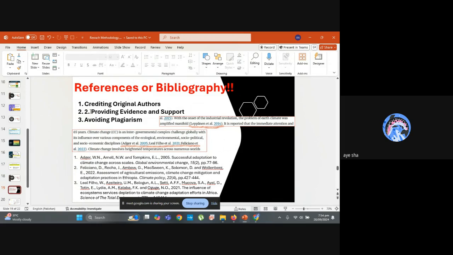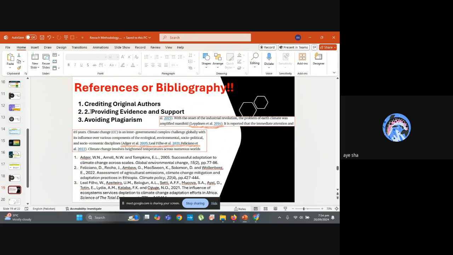Secondly, it provides evidence and support. Obviously, whoever is going to read your research proposal needs to know whether that statement, that fact, that methodology is genuine or not.